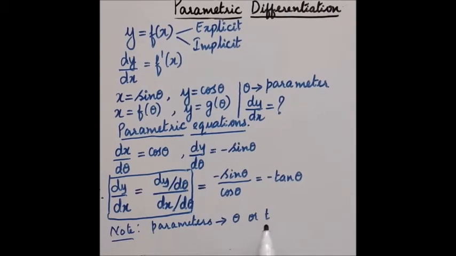If x is a function of t and y is also a function of t, then we need to differentiate x with respect to t and y with respect to t. Then dy by dx, when the parameter is t, will be dy by dt divided by dx by dt. So this is about parametric differentiation.